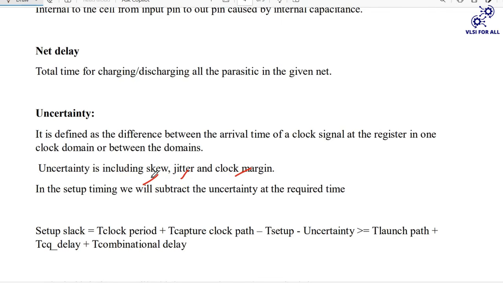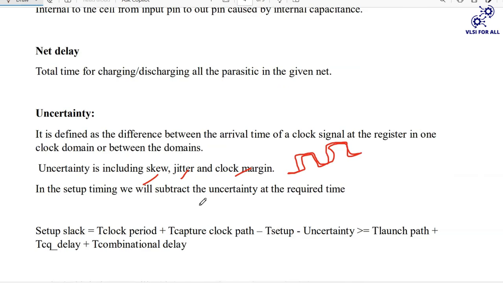Skew is the difference between the clock arrival at the capture flip flop and at the launch flip flop. Jitter is when the clock latency is not the same for every clock cycle. In the previous video, I explained what skew and jitter are.